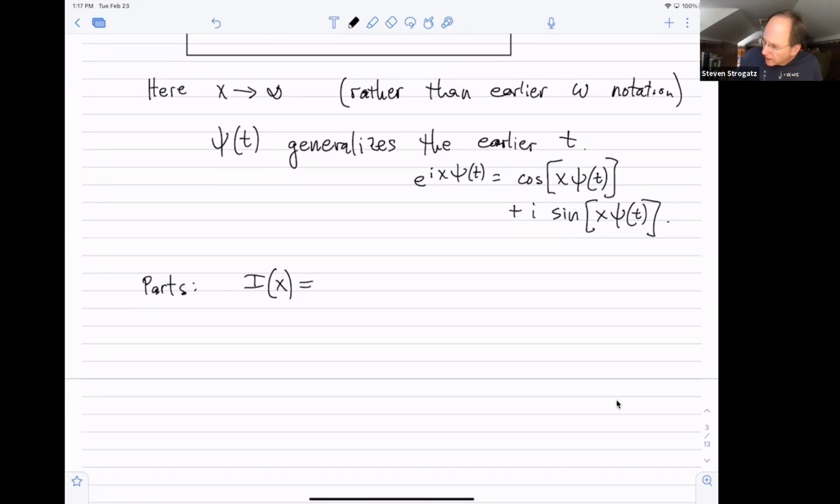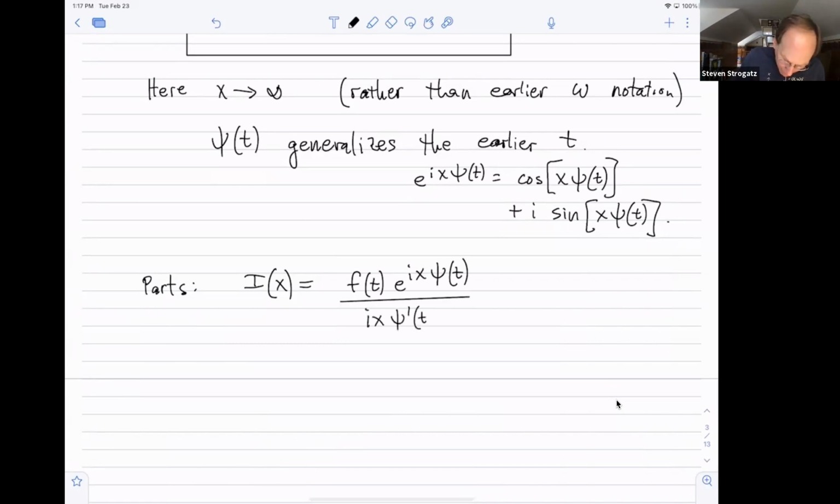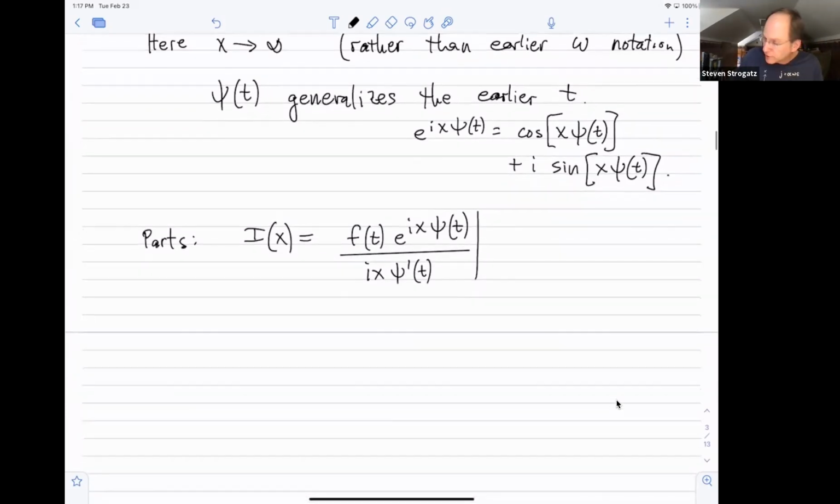We're going to write I of x as a boundary term, f of t, e to the i x psi of t. So that's playing the role of the earlier cosine. And then I'm going to divide that by ix psi prime of t.